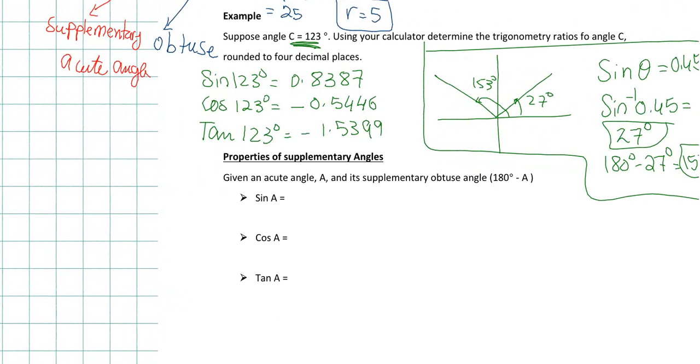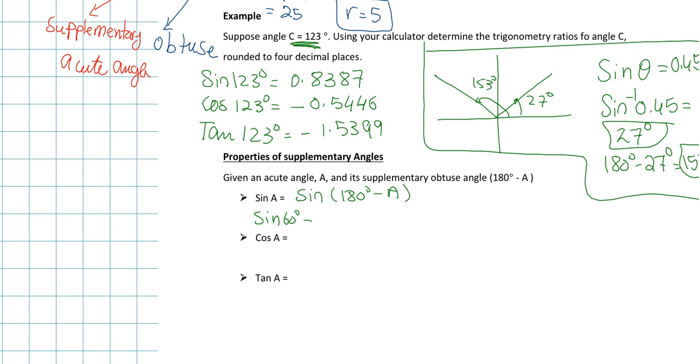So that means the sine of A and the sine of its supplementary obtuse angle are going to be equal to each other. So for example, sine of 60 is going to equal sine of 120. Are we okay with this? Because 60 and 120 are supplementary angles. They add up to 180. Good.